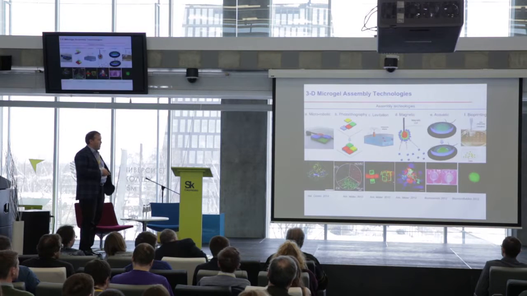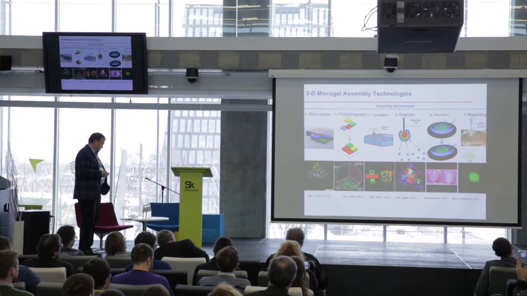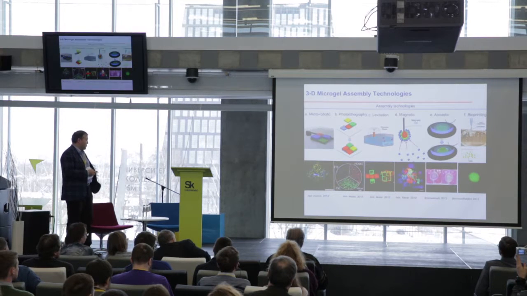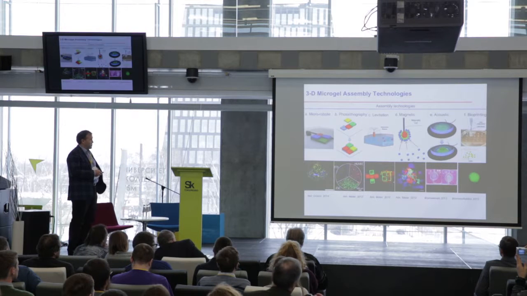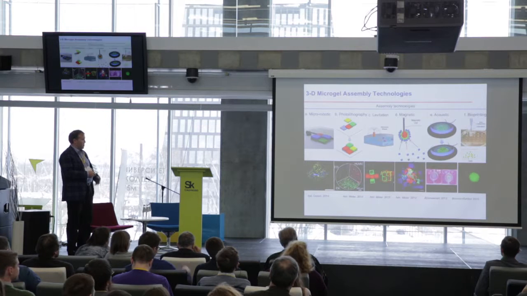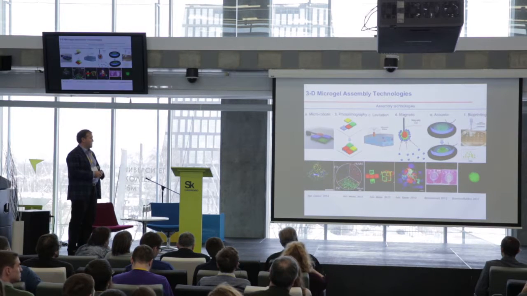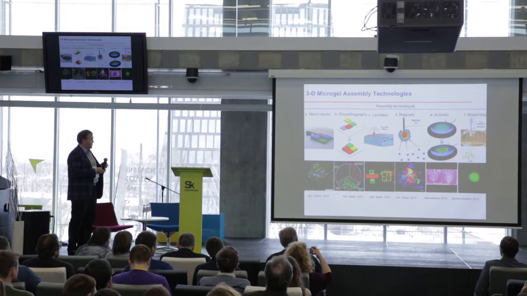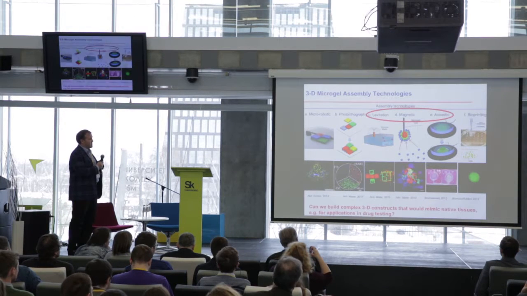That's what has created a generation of different approaches. One of the approaches, and I'll show you a quick video, is how we use robotics and micro-robotics to make constructs. We have looked at using photolithography, which we borrowed from tissue engineering, and we have looked at levitation technologies, which I will mostly cover today.